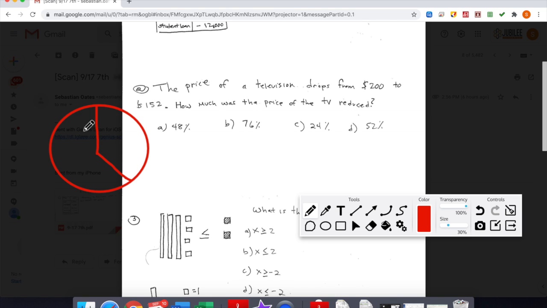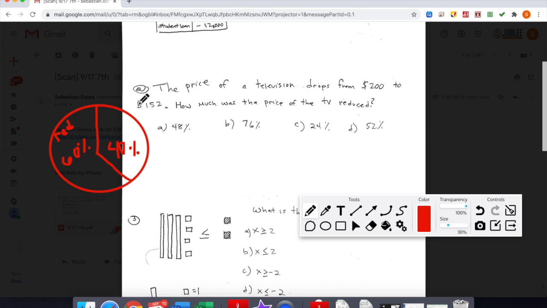So say, for instance, that it was reduced by 60%. That means they would have only paid 40% of the original price.